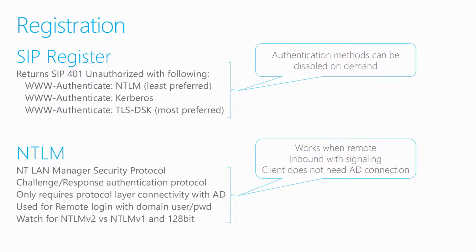And one thing that you want to be careful about is looking at the NTLM versions. So obviously we want to have the latest, most secure version, NTLM version 2. But if for whatever reason in your environment NTLM version 2 is not enabled, or if you support only a different bitness, not like we want 128-bit, then you might have a mismatch and external users might not be able to sign in.